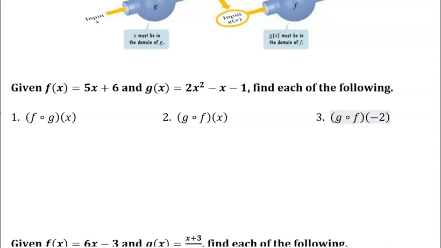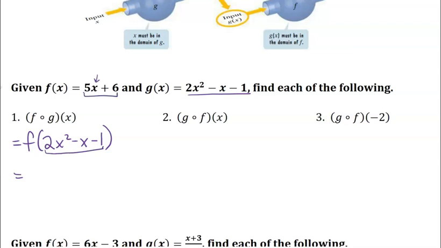So this first thing is asking us for f of g of x. I am going to write this as f of, and then I'm going to put g of x on the inside. So I'm going to write it as f of 2x squared minus x minus 1, because that tells me this becomes the input that's going to go into f of x for any value of x.